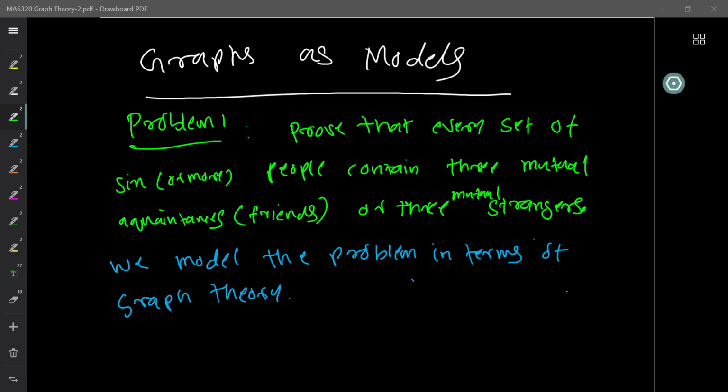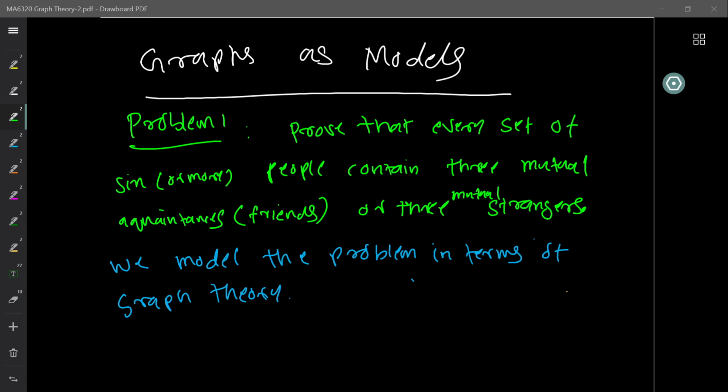Well, to represent each person, you can use a vertex, and if 2 persons have met each other, then you put an edge connecting these 2 people, and if they have not met each other, then there is no edge, right? So this basically represents the relation of friendship or acquaintance.